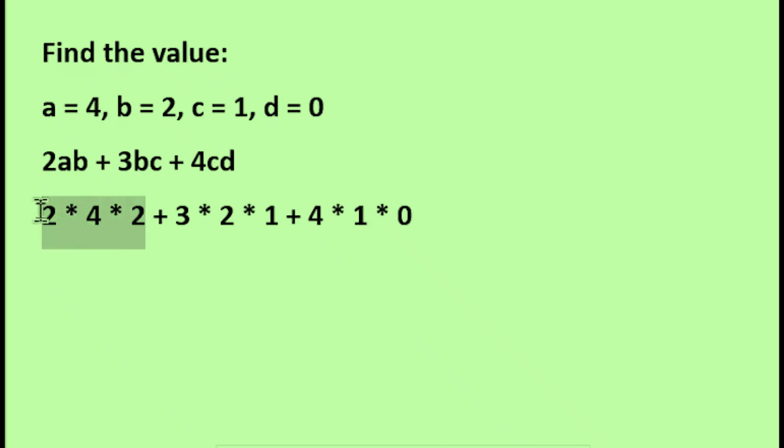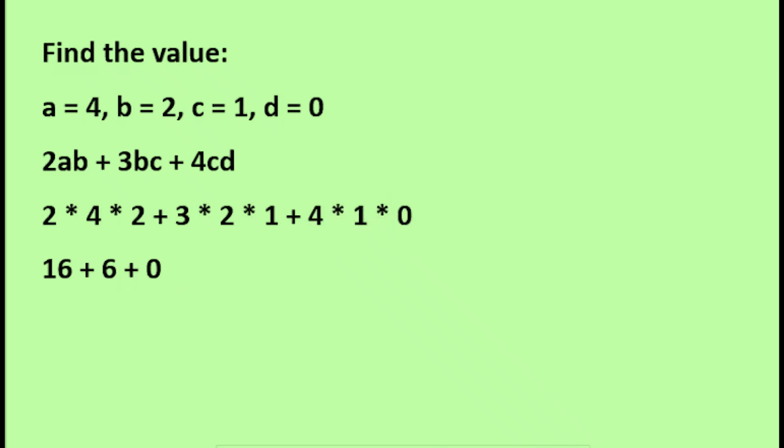So the first part will give you 2 into 4 into 2, that is 16, plus this part 3 into 2 into 1: 3 into 2 is 6, 6 into 1 is 6, plus 4 into 1 into 0. When 0 is there, all will become 0. 4 into 1 is 4, 4 into 0 is 0.